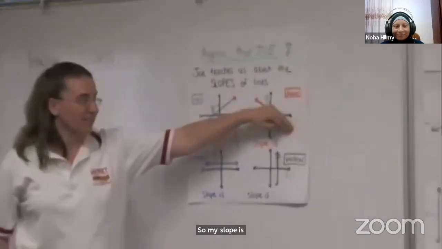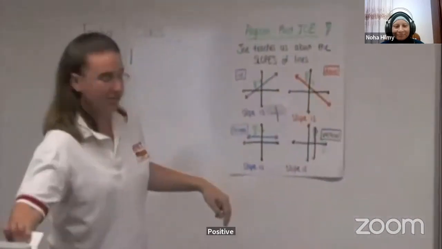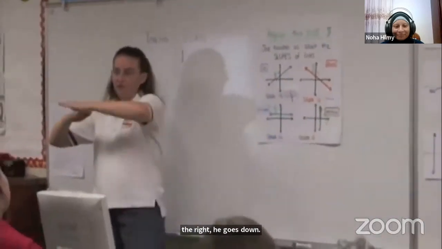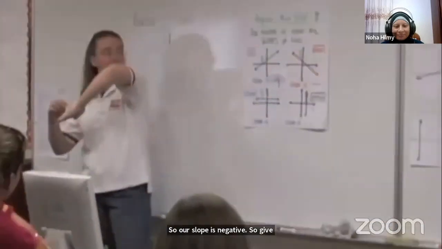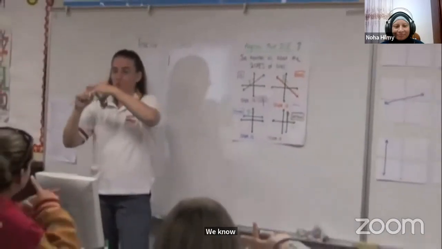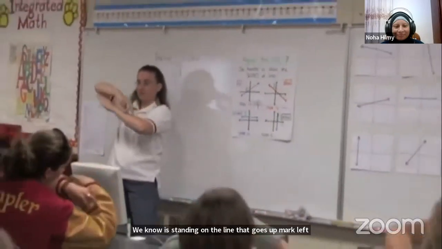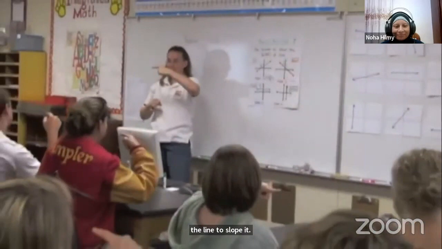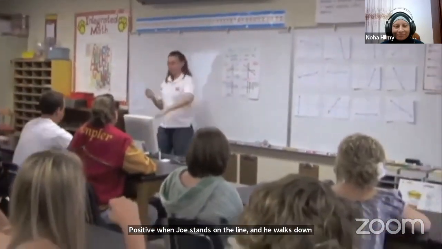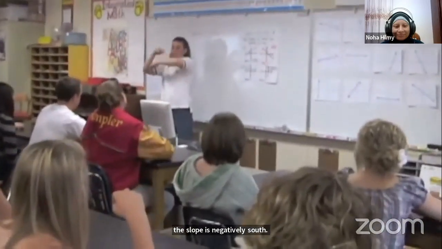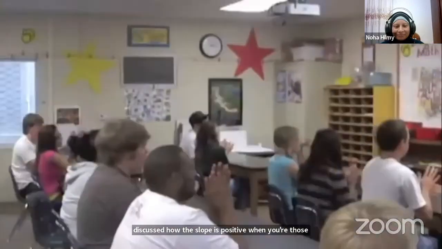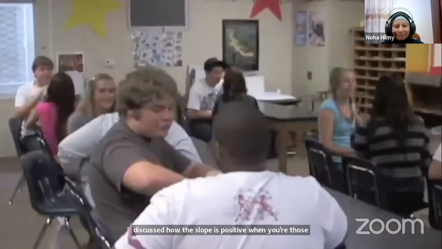When Joe stands on this line and he walks to the right, he goes down, so our slope is negative. So near me please. When Joe is standing on the line that goes up, he walks up the line, the slope is positive. When Joe stands on a line and he walks down, the slope is negative. South, tell the north about the two types of lines we just discussed, how the slope is positive when Joe goes up and negative when Joe goes down. Teach. Okay.